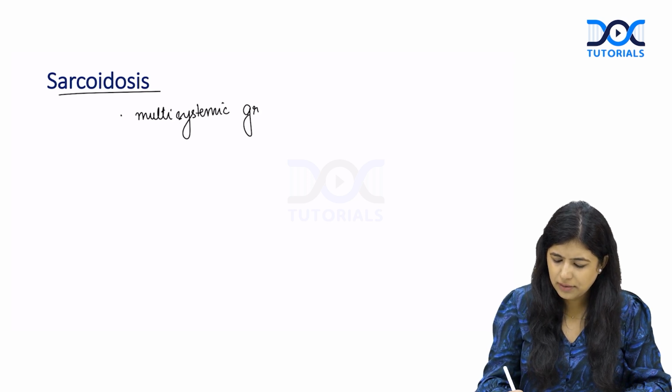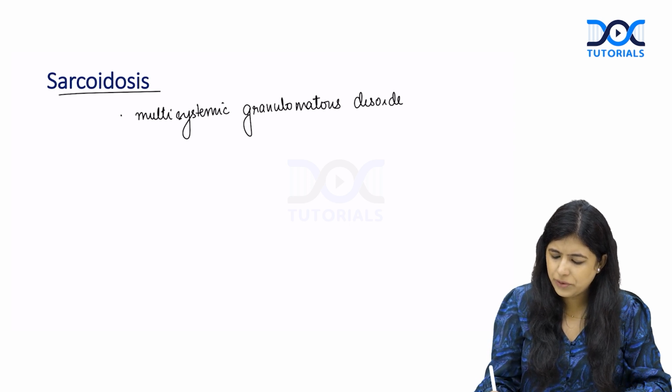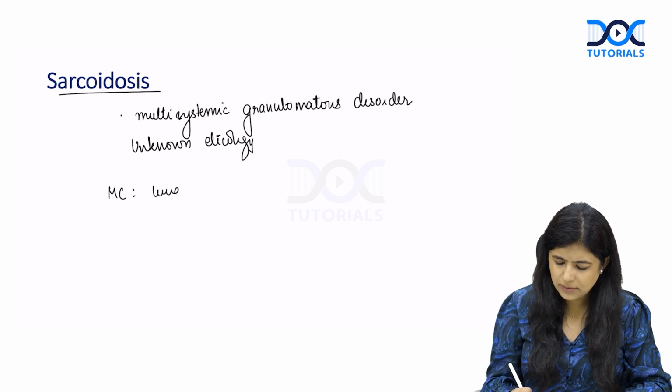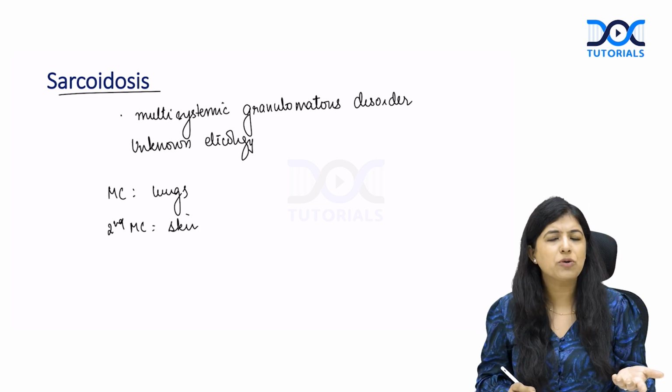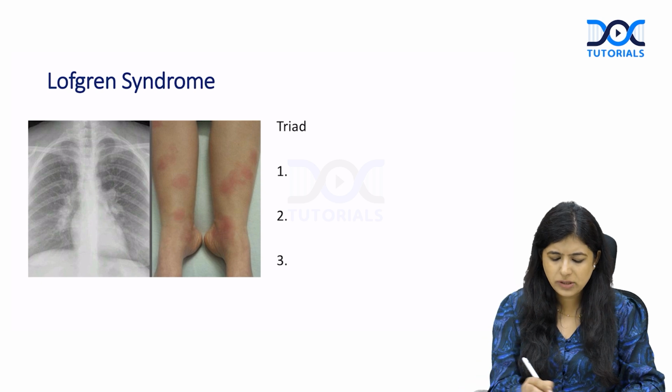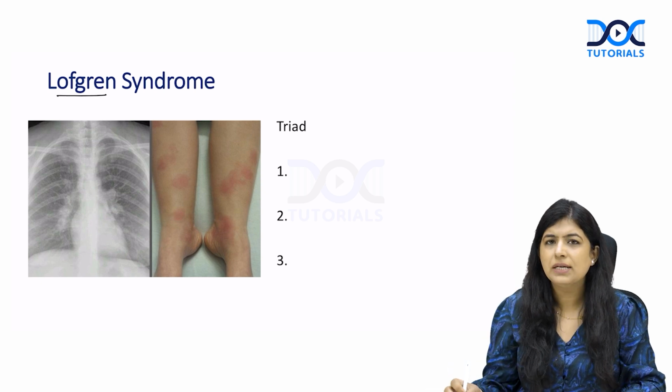So next we come to sarcoidosis, which is a multi-systemic granulomatous disorder of unknown etiology. The most common organ involved in sarcoidosis are the lungs, while the second most common is skin. Now, mostly sarcoidosis is an insidious disease, but there can be an acute form also, which is called Lofgren syndrome.